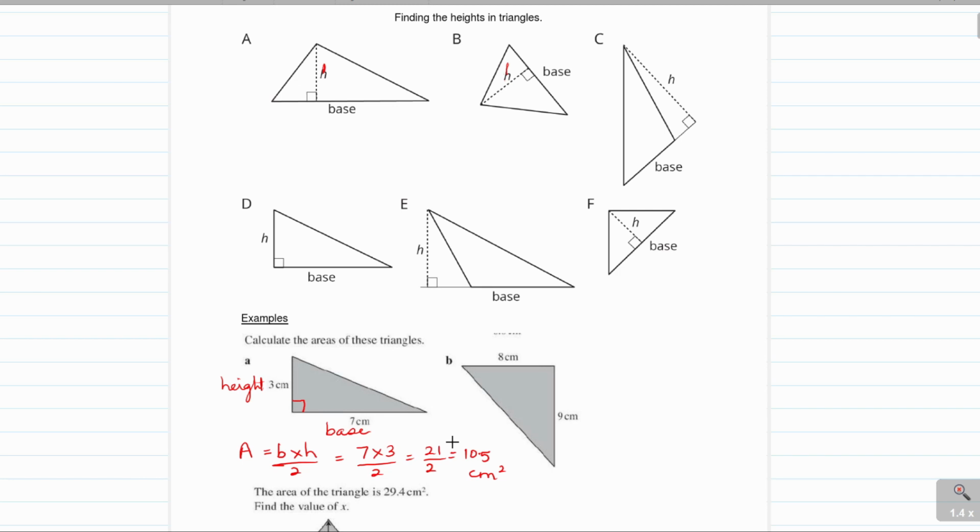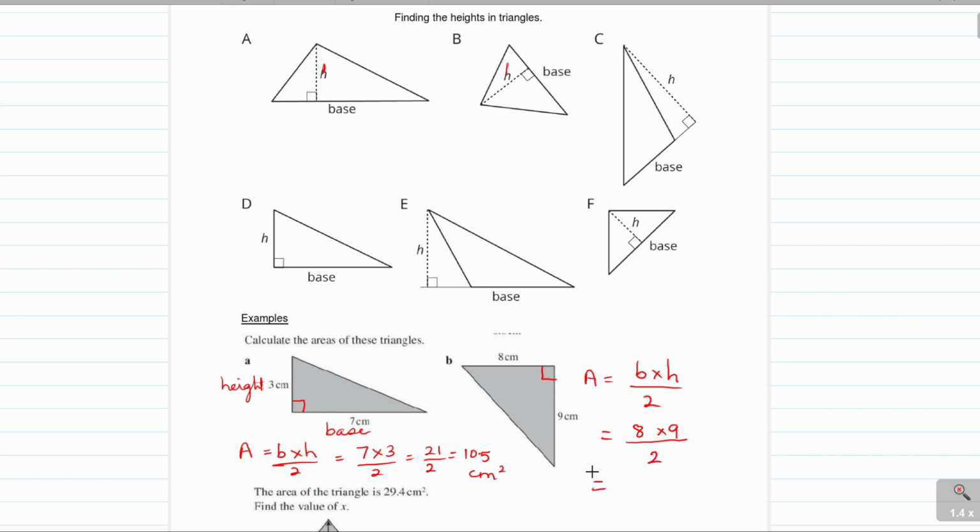So let's look at B. We are seeing a right angle being formed here, and we have these two sides. So the area is base multiplied by height divided by 2. 8 multiplied by 9, or 9 multiplied by 8 will be the same thing, and divided by 2.